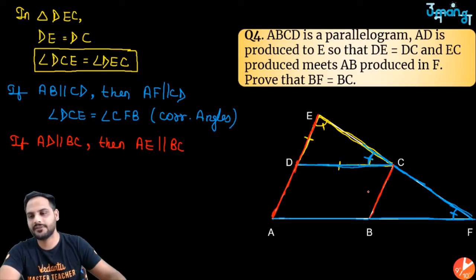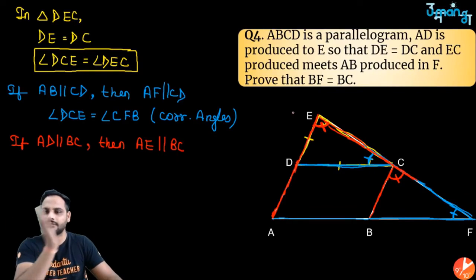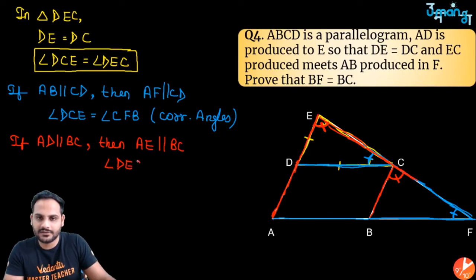And if I take this CE as my transversal line, तो यू कैन क्लियरली सी कि ये जो एंगल है विल बी इक्वल टू दिस एंगल, अगेन बिकॉज ऑफ करस्पॉन्डिंग एंगल्स. राइट. तो आई कैन क्लियरली से कि ये जो एंगल DEC है दैट इज इक्वल टू एंगल BCF.